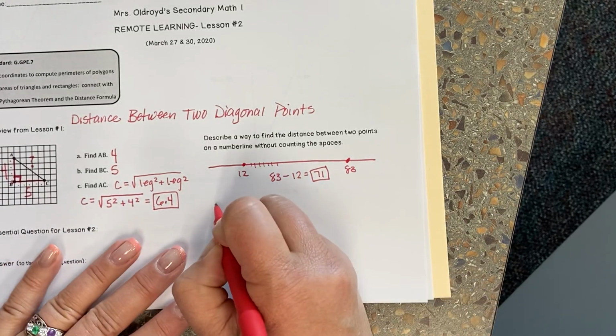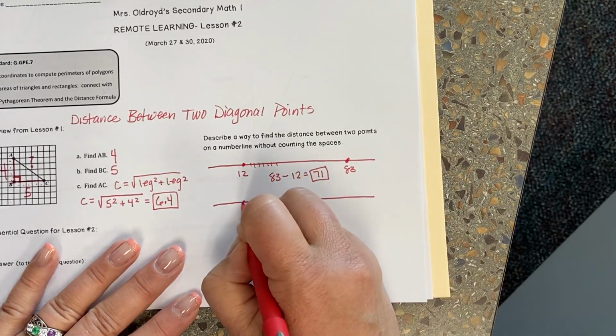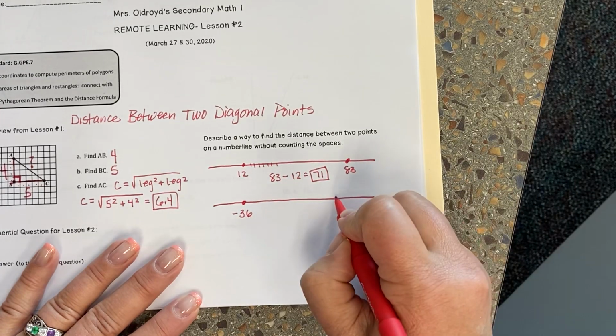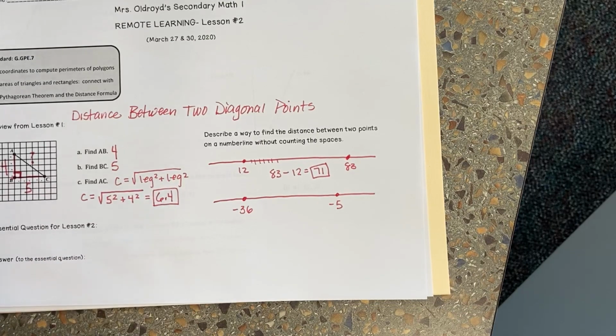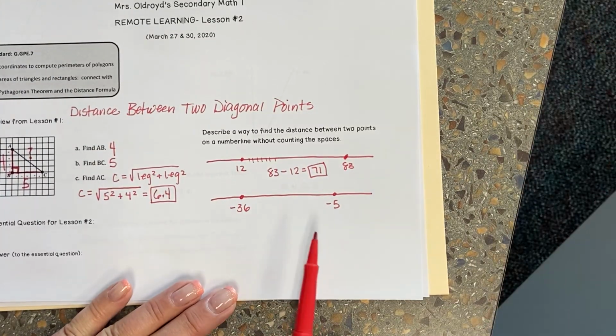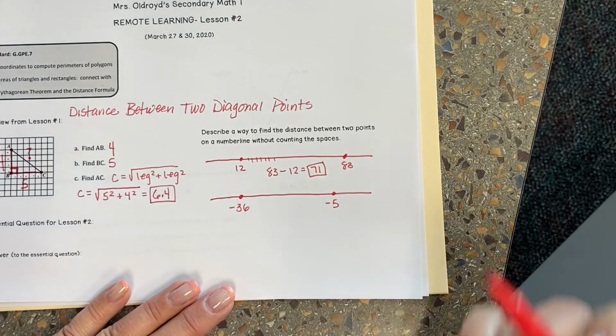Okay, it works the same with negative numbers. Let's say you have a negative 36 here and a negative 5 here, and somebody asks you to find out how far apart those 2 are. You're just going to take the bigger number, which in this case is the negative 5, and subtract the smaller number.